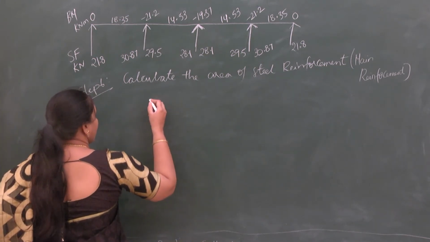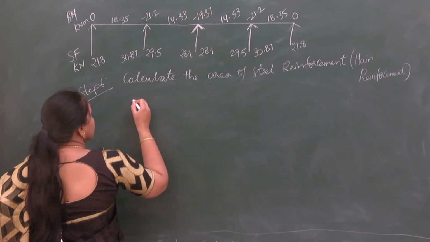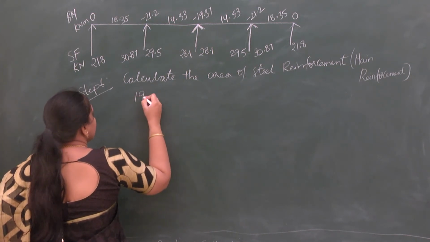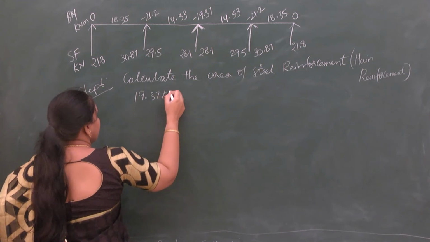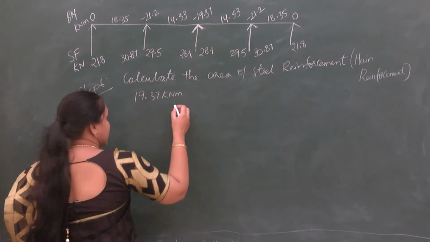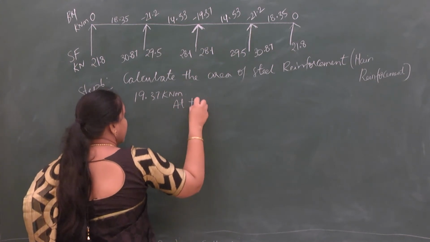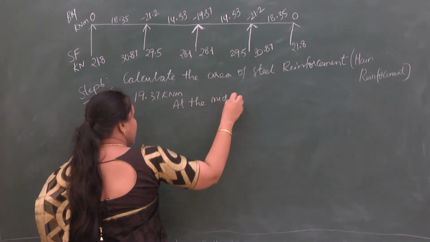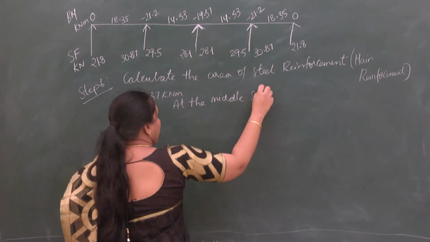What is the moment here? It is 19.37 kilonewton meter. Now we are considering the middle support.